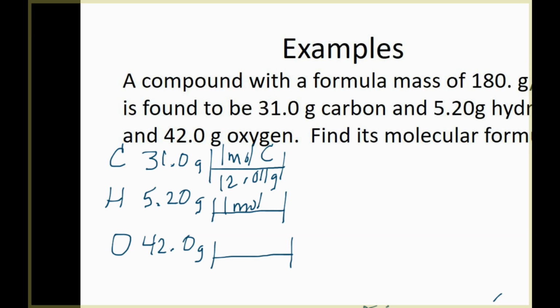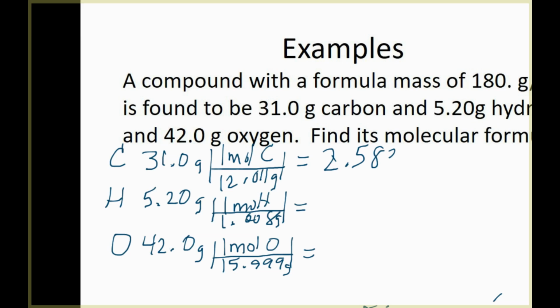Molar mass of hydrogen, 1.008 grams. Sorry, stylus isn't working. 1 mole of oxygen, 15.999 grams. So we're going to get the answers.